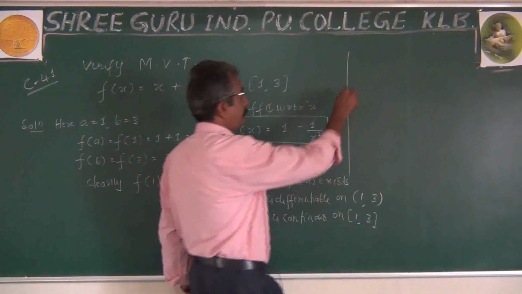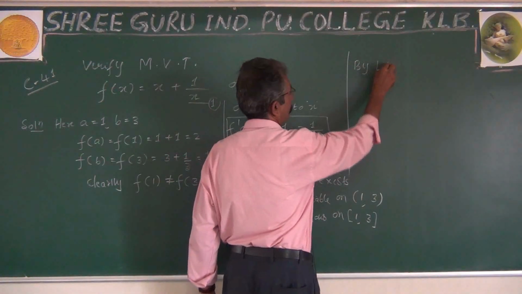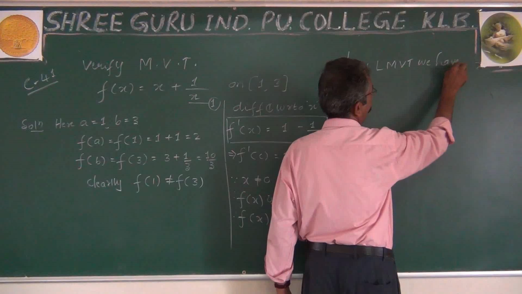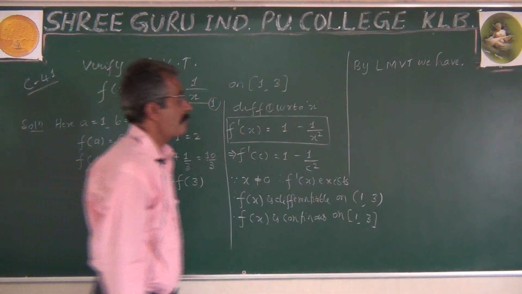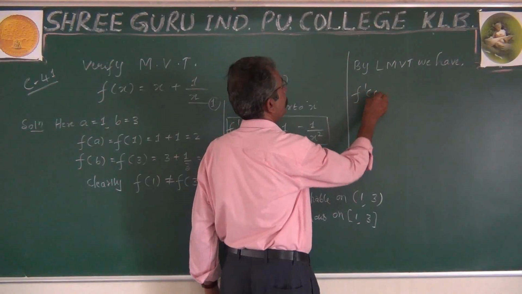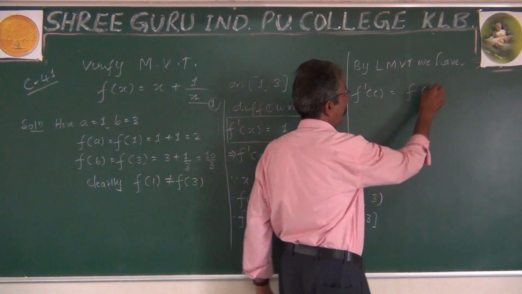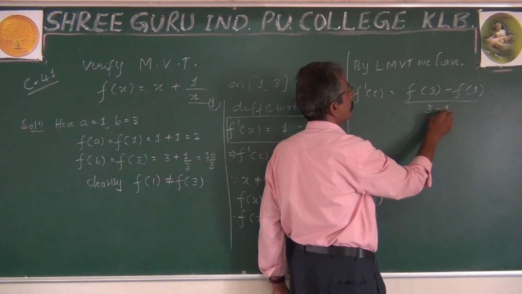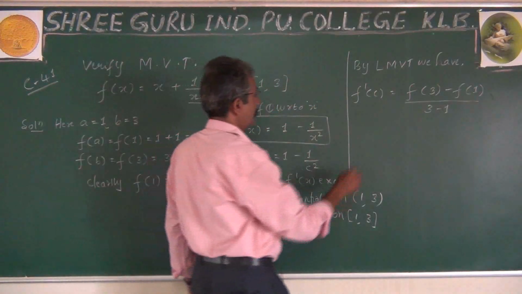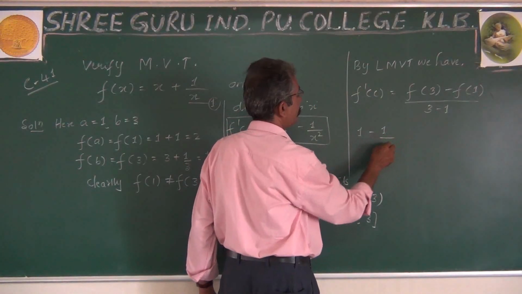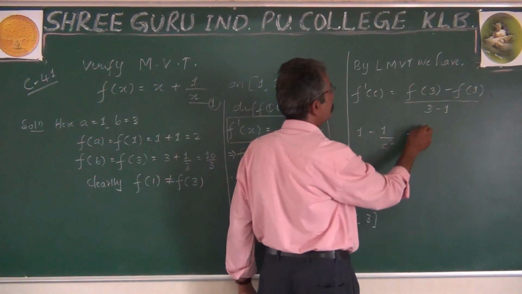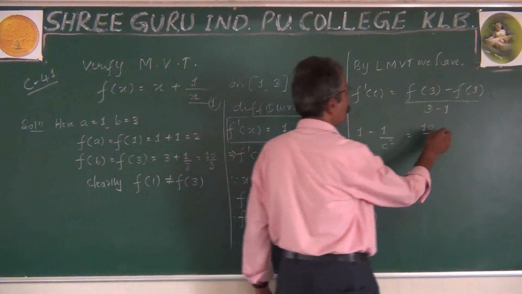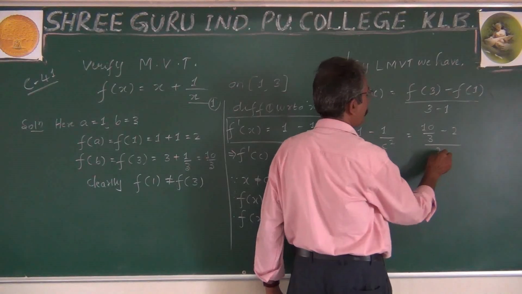Next write, by LMVT we have, by Lagrange's mean value theorem we have f dash of c equal to f of 3 minus f of 1 divided by 3 minus 1. f dash of c is 1 minus 1 by c square. f of 3 value is 10 divided by 3 minus f of 1 value is 2, divided by 3 minus 1 is 2.